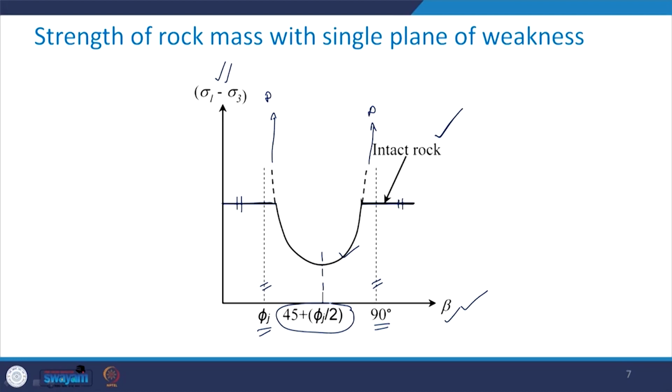This can be proved graphically as well as numerically. You take the differentiation of that expression sigma 1 minus sigma 3 with respect to beta and make it equal to 0, and you will see that for beta equal to 45 plus phi j by 2, you will get the minima of that curve.